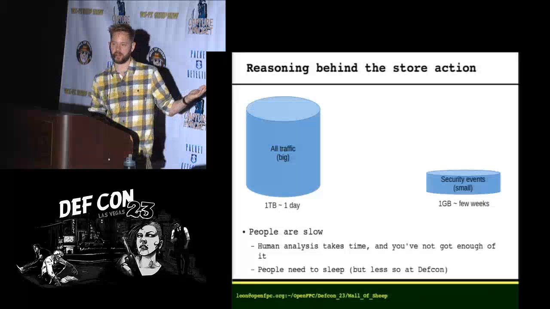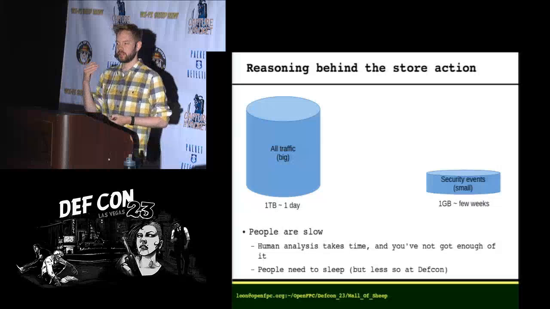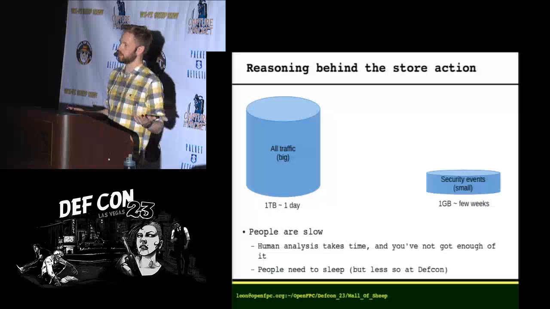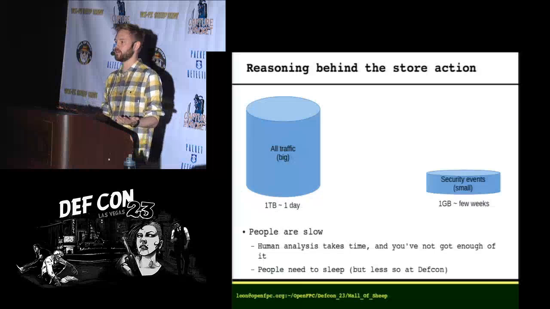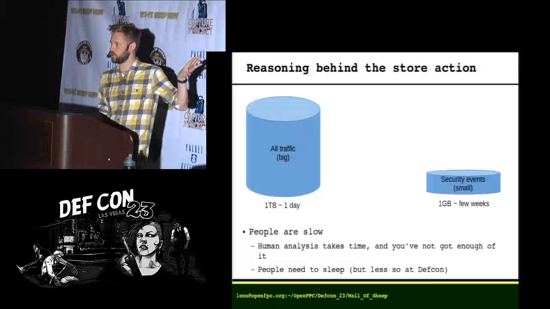But with a terabyte of PCAPs, you only get a window of 1 day to get access to the data you're interested in. So you go home at the weekend, and a security event happens on Saturday. You come in on Monday, and you look at that event, and you say, I really want to see the packets for that event, but they've gone. They've expired from your buffer, which is only 1 day long.